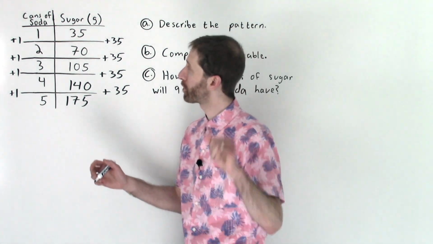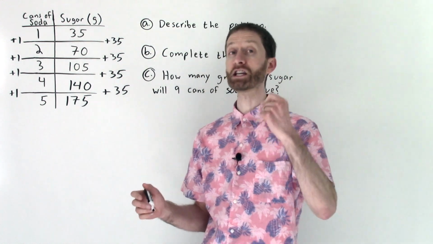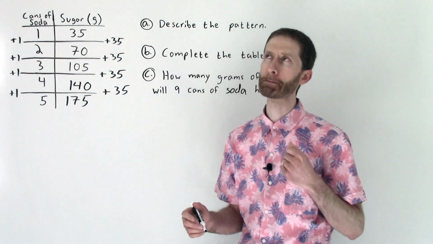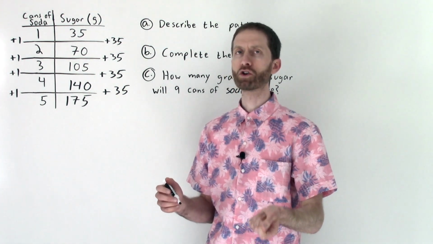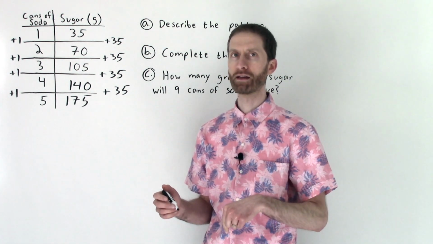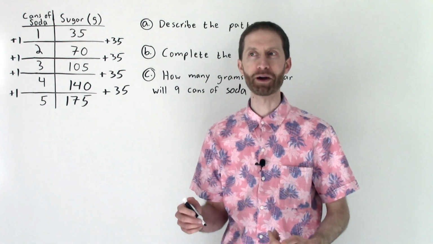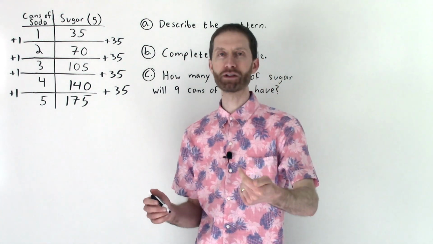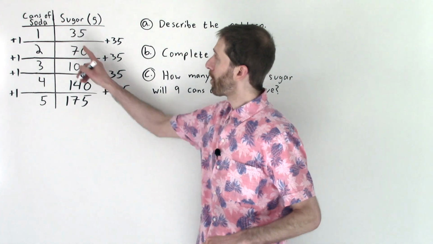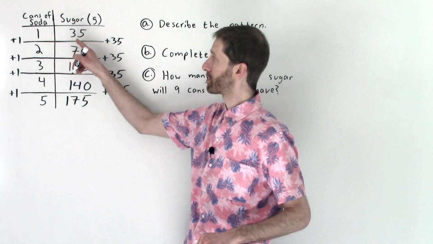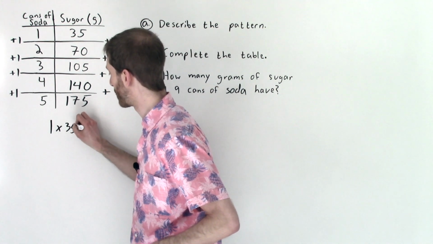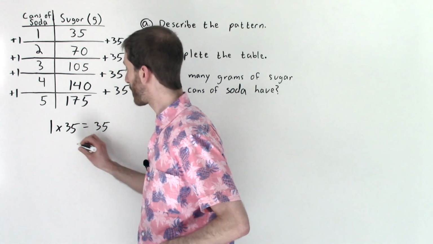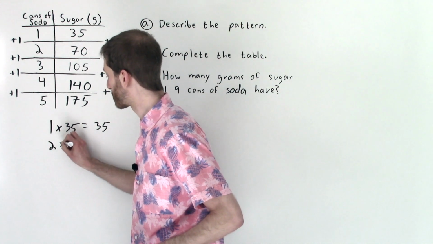I said that for every 1 can of soda, we get an additional 35 grams of sugar. So we're repeatedly adding 35 grams for each can. Sounds like we're multiplying by 35, right? If I'm repeatedly adding 35, so I have 1 can of soda, 1 times 35 is 35, right? And then I have 2 cans of soda, 2 times 35.